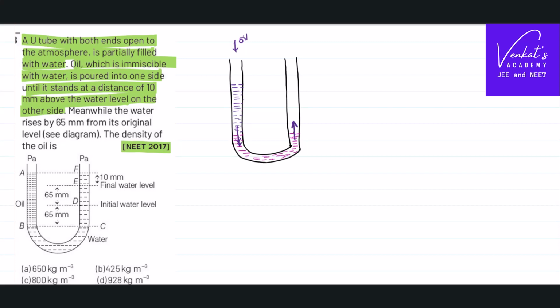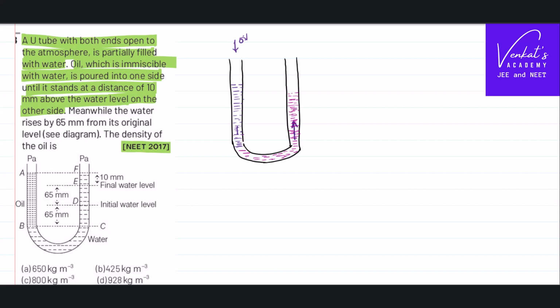To show that, let me just remove a bit of the water here. I will remove a bit of water here, and this space is actually occupied by oil, like this. And obviously, water on the other side is rising. So this is how the diagram transforms.